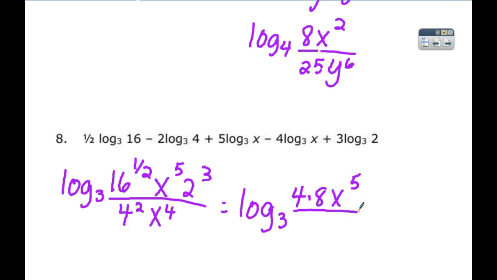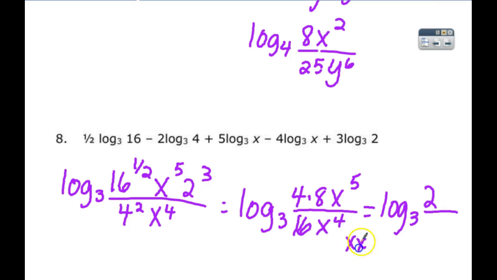And then 4 to the 2nd is 16, x to the 4th. So 4 times 8 is 32. And what is 32 divided by 16? 2. x to the 5th divided by x to the 4th. If I have 5 x's on top and 4 x's on bottom, how many are left? 1. So you get log base 3 of 2x.